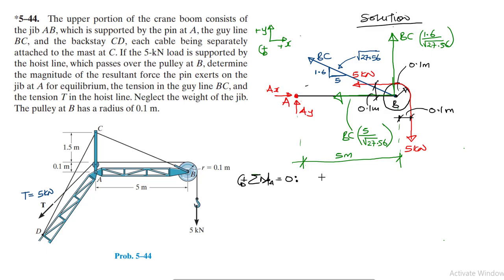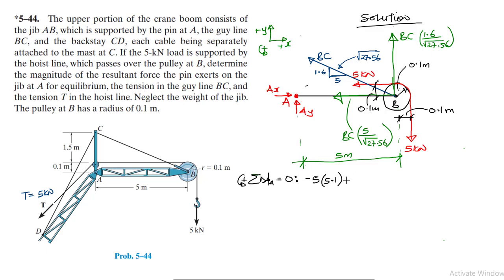What we have? We have this 5, of course. So it's giving us a minus moment, 5 by 5 plus 0.1, which is 5.1. What else? This 5 here, we have this 0.1 there.